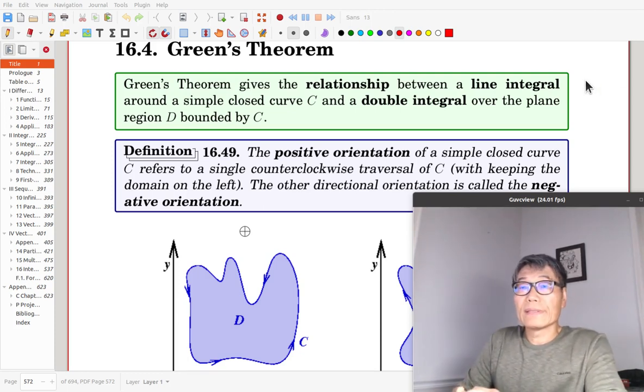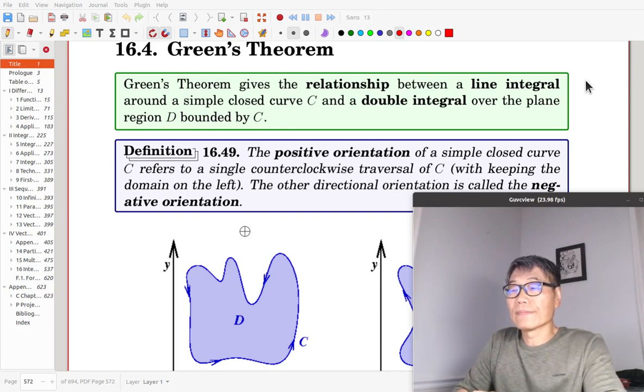It is section 16.4, Green's theorem. Every object in the world is bounded and has its own boundary. Physical quantities, for example energy, can come into the object through the boundary, and energy can go out through other parts of the boundary.